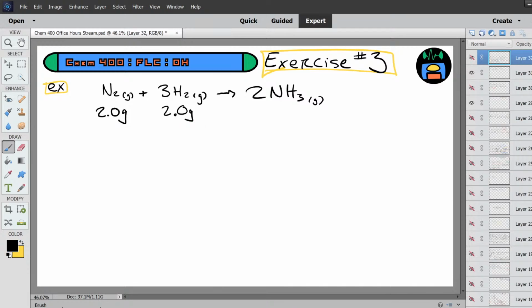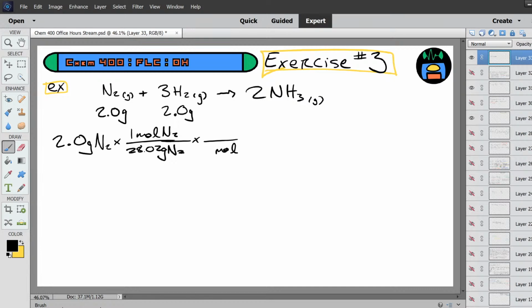Step number one, we need to know what the limiting and excess reactants are. So we've got to do this tried and true, what hopefully is starting to feel like a familiar process. So we convert grams of nitrogen gas to moles by dividing by the molecular weight. Next, we convert from moles of N2 to moles of our product.